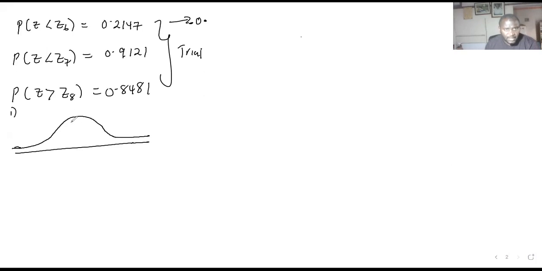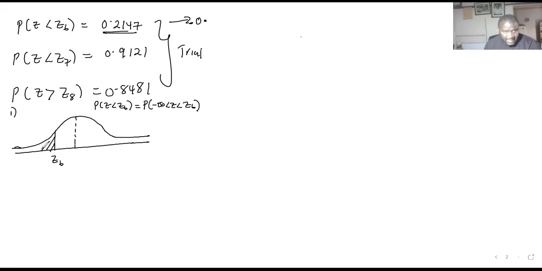The first one, it is less than. It begins from negative infinity less than Z6. If it is less than 0.5, it stays on the side where the negative infinity is, which is the left-hand side. So it will stay this side.